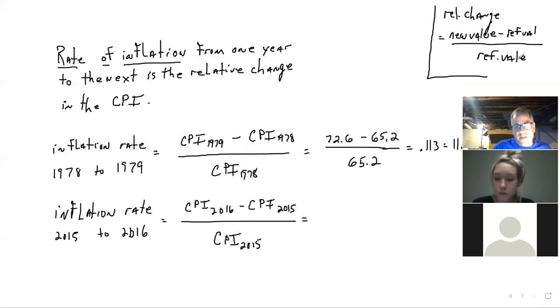So if I'm wanting, and it's a comparison, how much in percentage did this new value change from your reference value? And that was the way we computed it.